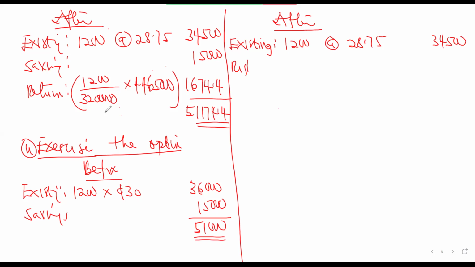Then the rights issue. How many shares is he going to be buying under the rights issue? 3 for 1. So that would be 400. Okay. And this 400 will be valued at what? 28.75, isn't it?